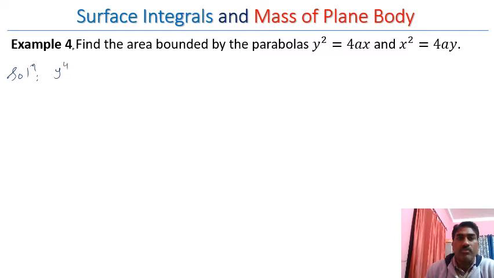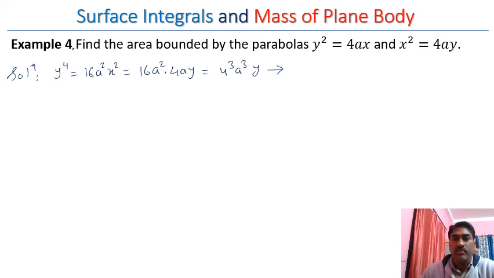Y to the power 4 is equal to 16a square x square, and then 16a square x square is again 4ay. So this is equal to actually 4 cube a cube y, and by taking both sides on one side, we will get y cube minus 4 cube a cube is equal to 0.